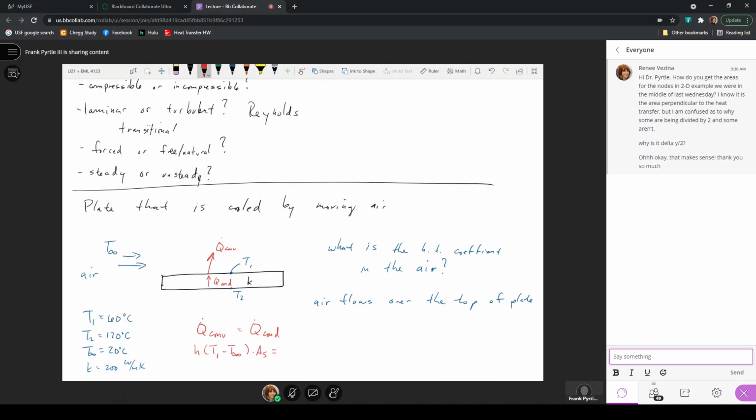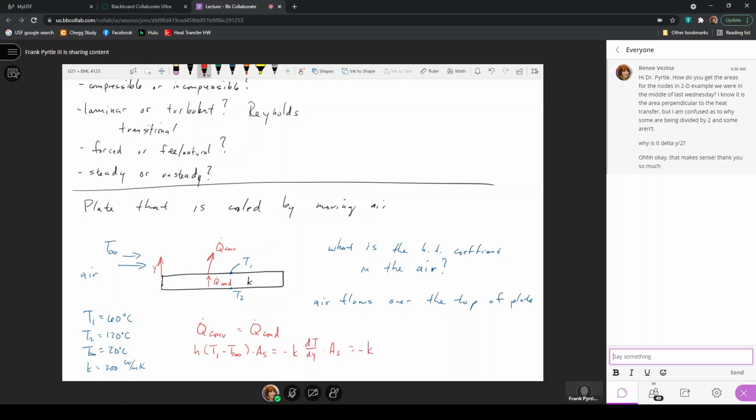And the heat transfer rate by conduction would be from the surface that is at temperature T2 to the surface at T1. So this would be k, or we can write this as minus k dT/dy times the surface area. Here I consider the y direction. This is a heat flux times the surface area, where this heat flux is by conduction.